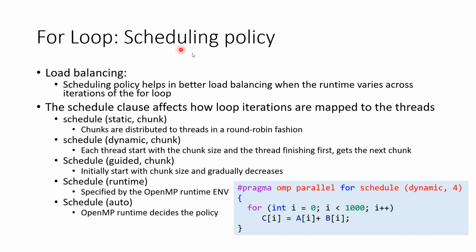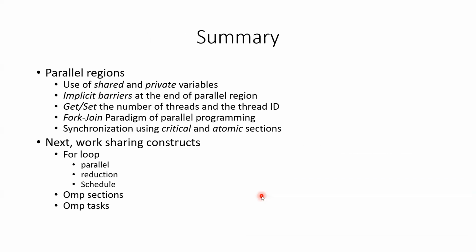The total time of the program will be bounded by the slowest thread, and that is defined by the scheduling policy. If you do not specify anything, OpenMP will equally distribute the loop iterations and give the first k iterations to thread 0, the second k to thread 1, and so on. So all iterations are tied together in chunks of k, where k is roughly n divided by the number of threads. Let's see.